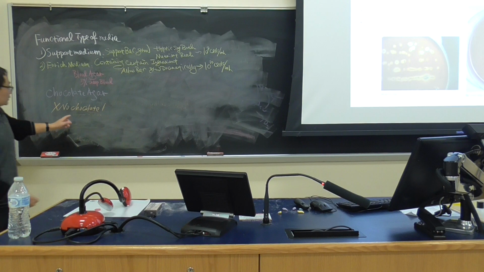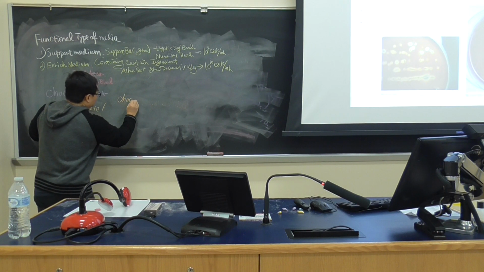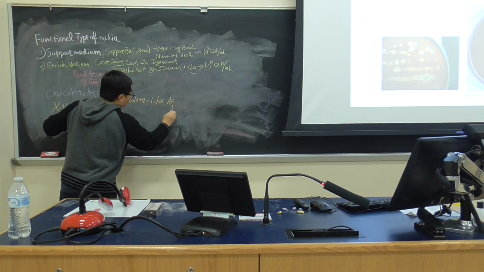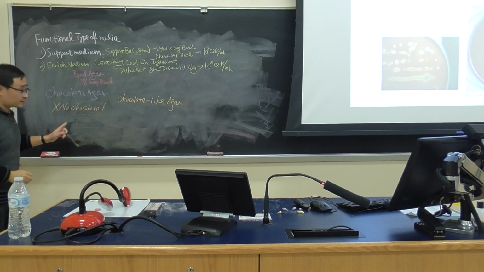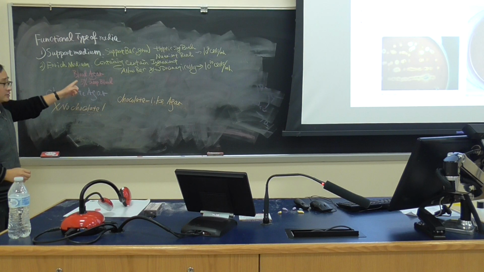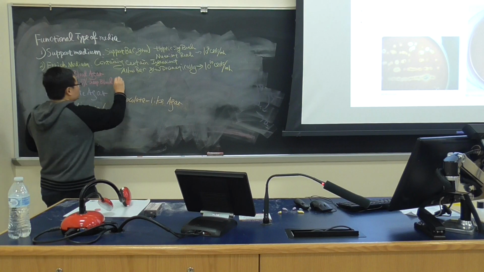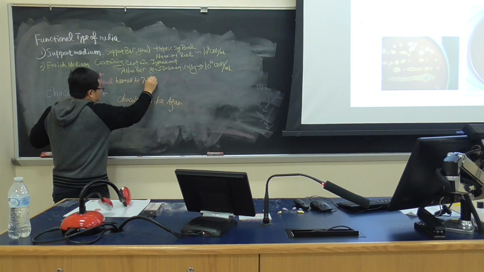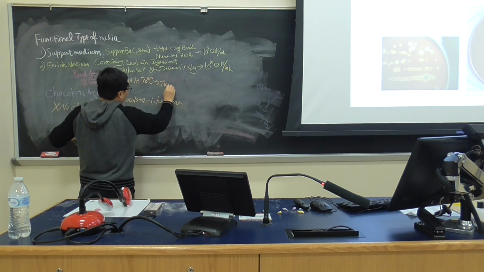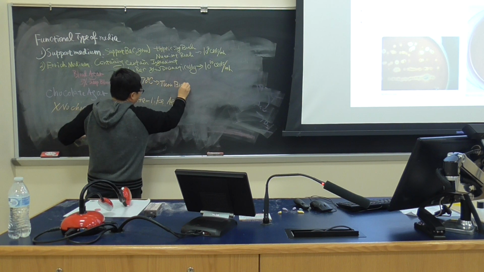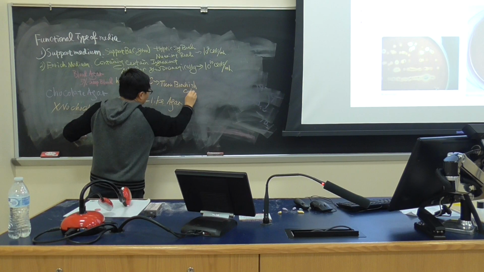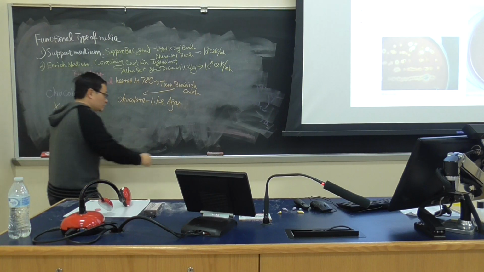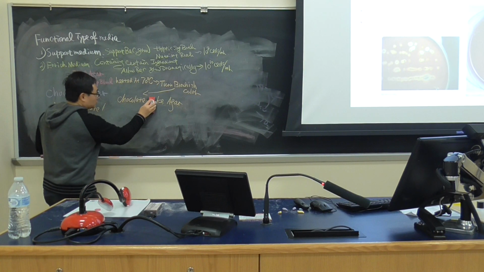It is called chocolate-like agar. So what is that? That is 5% sheep blood agar heated at 70 degrees Celsius, which turns a brownish color and looks like chocolate.